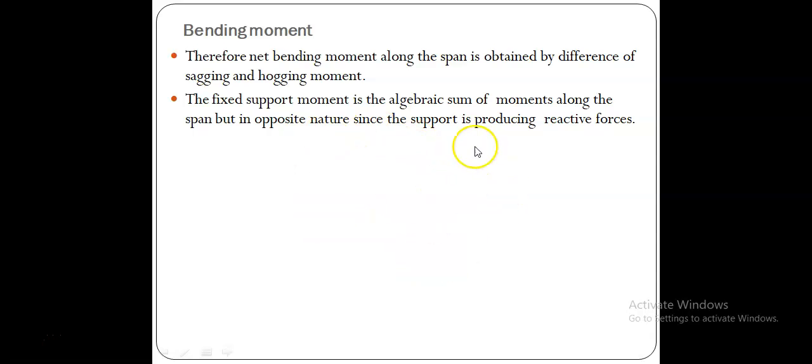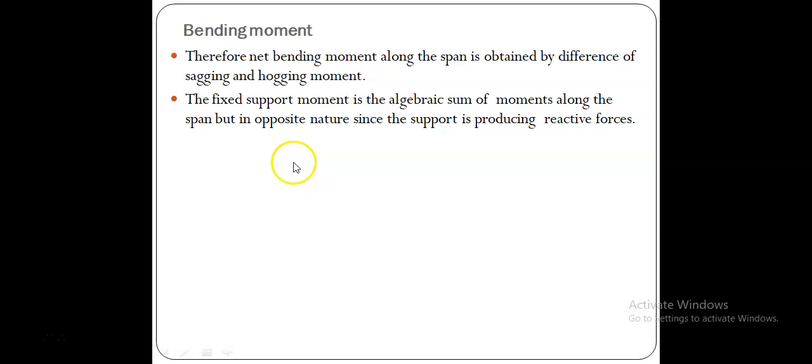Therefore, for the sum of these anti-clockwise moments, we simply put the opposite clockwise moment of the same magnitude at this fixed support, in opposite nature, that is clockwise.